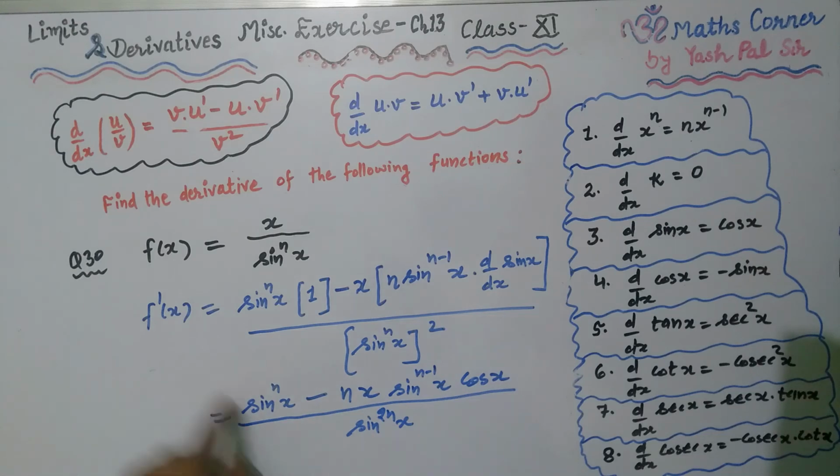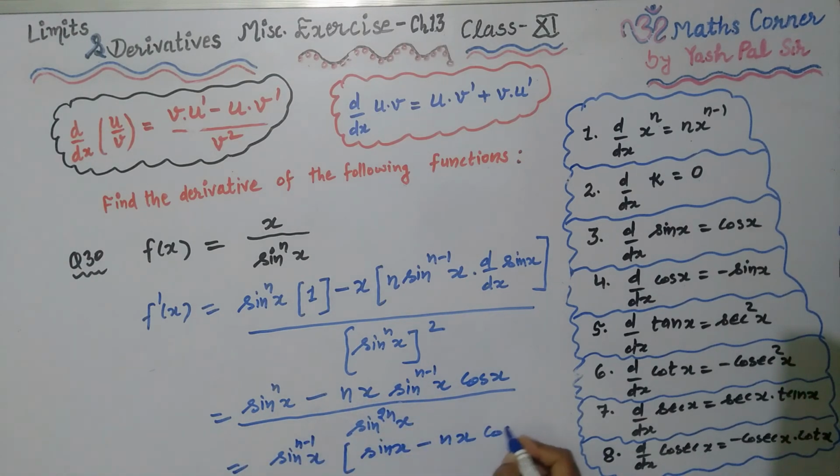Okay, as the question is very important from the examination point of view, further we can take sin raised to power n minus 1 common, and cancelling that, what is left here? Only one sin x, and minus n into x into cos x, right?